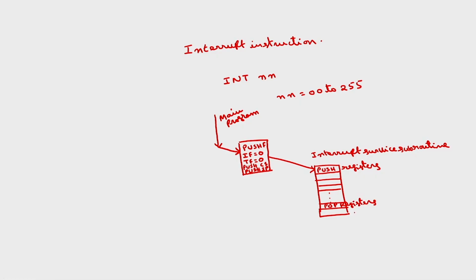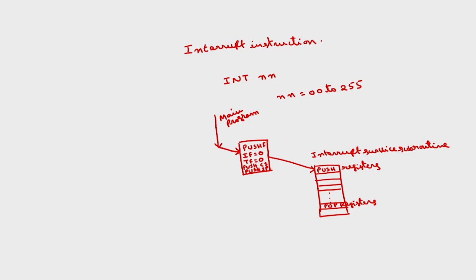If I use a register for some purpose in the main program, the same register may be used in the subroutine also. If you do not save the contents of these registers and use them for some other purpose, the old contents will be lost. That is why it is normal practice to push all the register contents onto the stack, in addition to the flags as well as CS and IP.